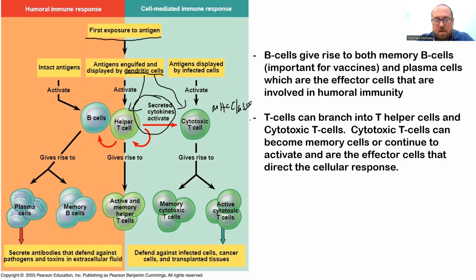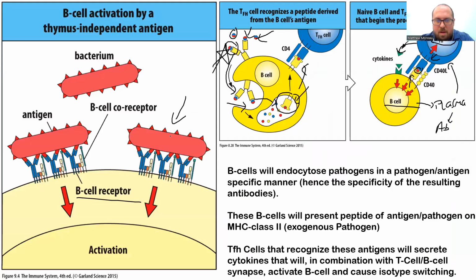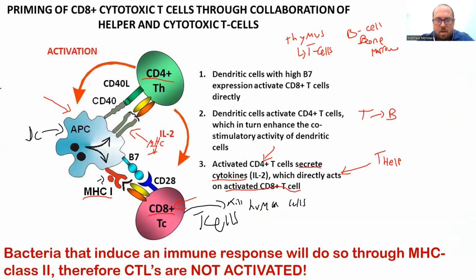So if you're thinking about it too, this means that in this case, if you're activating cytotoxic T cells, you are having dendritic cells which produce MHC class 1 and at the same time produce MHC class 2, and they can activate both of these at the same time, just like you see in this picture, right?